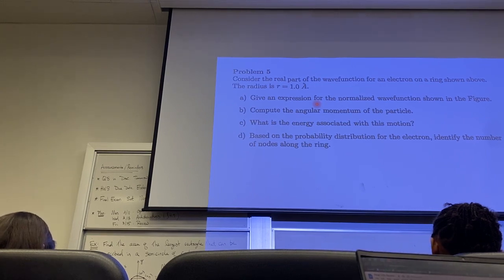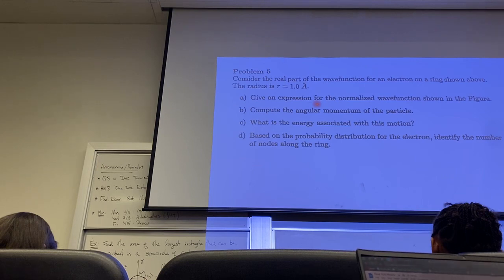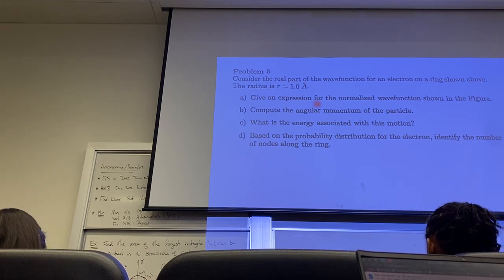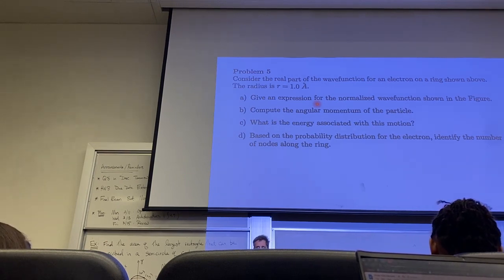Question C says, what is the energy associated with this circular motion? Or what is the energy eigenvalue of this wave function? But we don't have to do a whole computation here. We can actually go to the last page of the exam, and it says there the energy on the ring is a function of ml, which would be ml squared, h bar squared, divided by 2I.